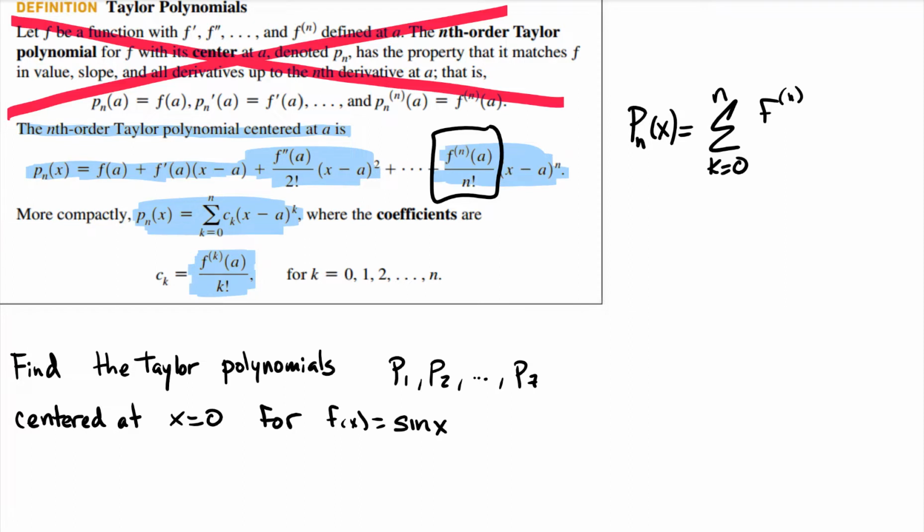Actually, it's the kth derivative, my bad. I get those backwards too, because k is our index. The kth derivative at a, all over k factorial times our x minus a to the k. I prefer that, where they just wrote c sub k in there, and then you're supposed to know what it is. That formula right here gives you everything.